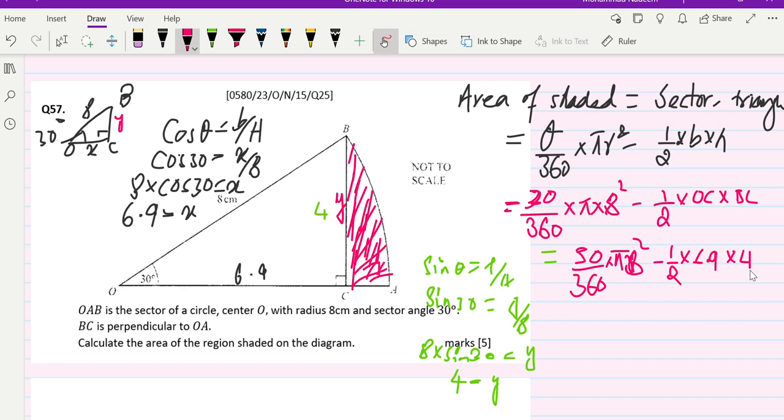So 30 over 360 times pi times 8 square minus 1 over 2 times 6.9 times 4. So this answer is 2.9 centimeter square. This area is the shaded area for this figure. Hope you understand the concept.